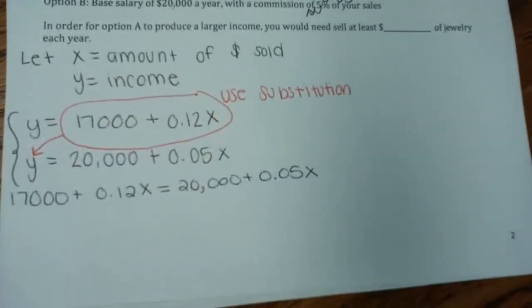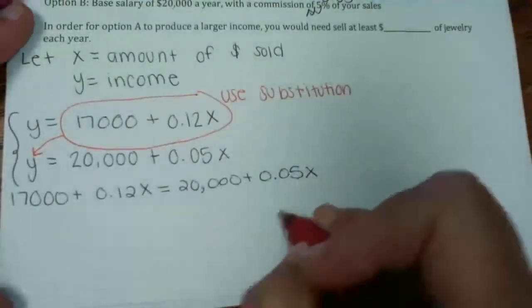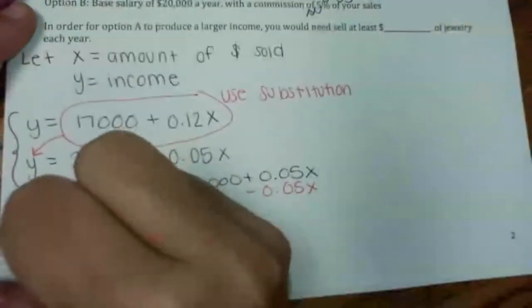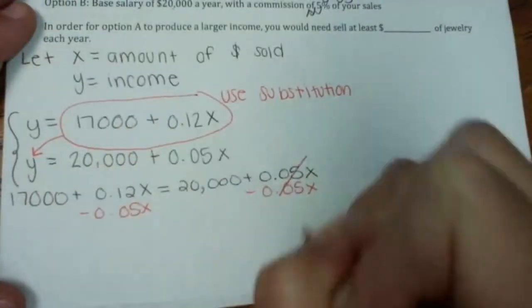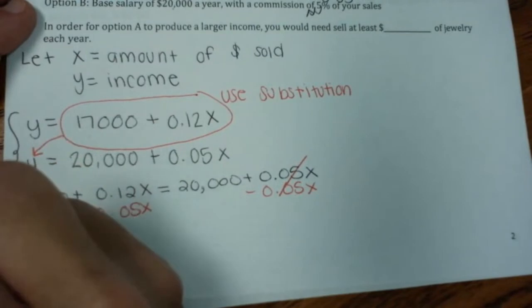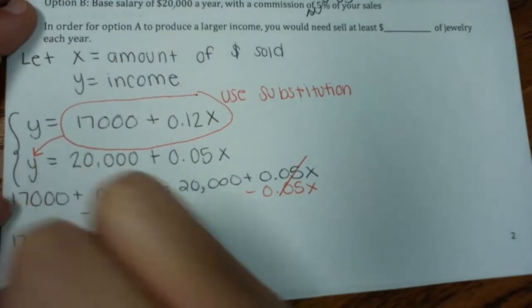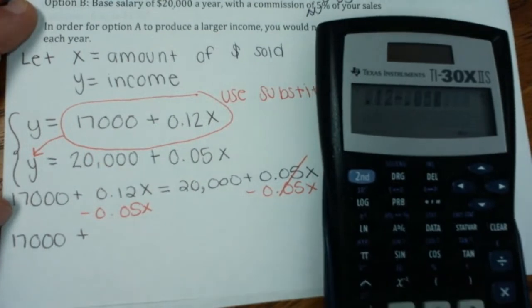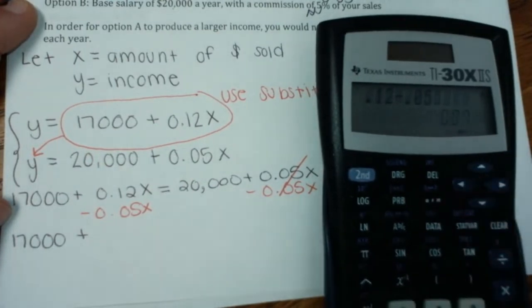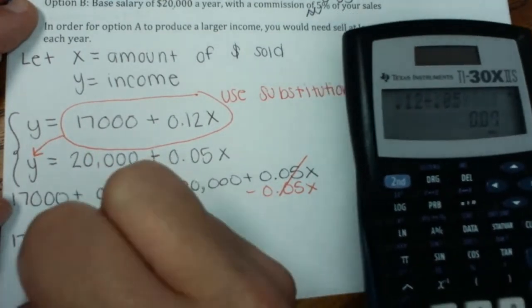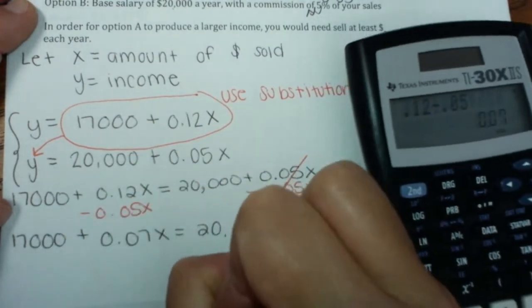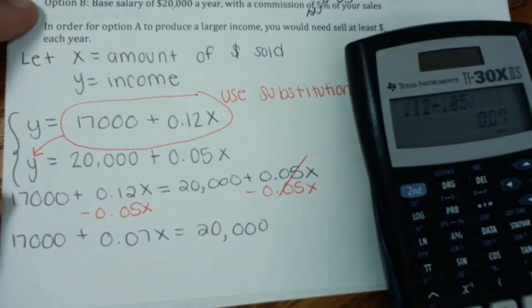All right, so we have our equation. Let's try to get x by itself. So let's move this 0.05x over to the other side. So minus 0.05x. So those cancel. So we're left with 17,000 plus 0.12x minus 0.05x will give us 0.07x equals 20,000.